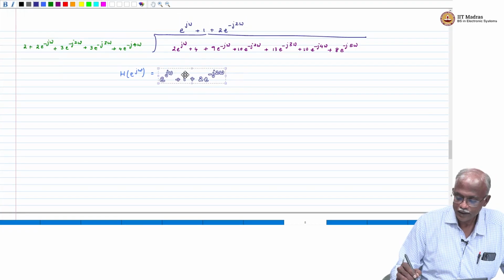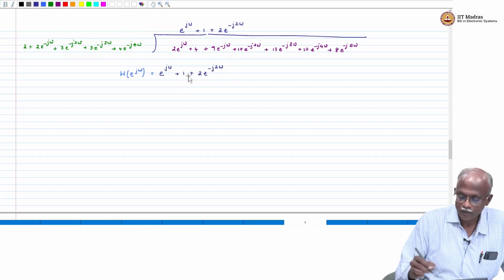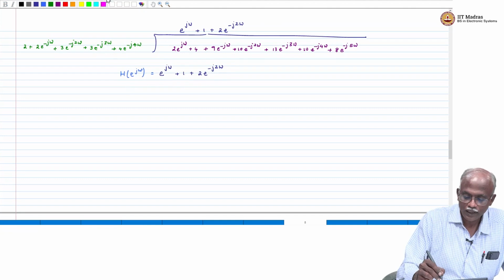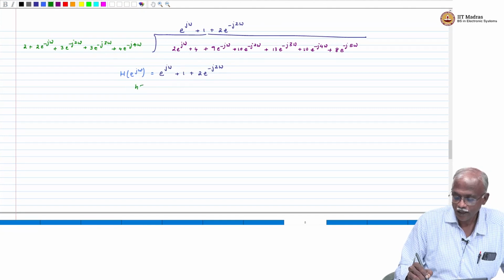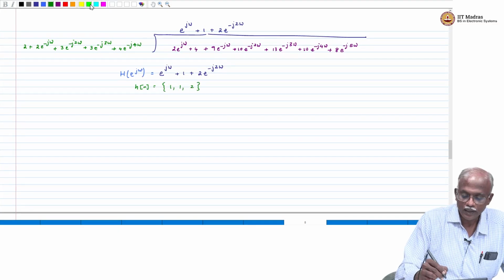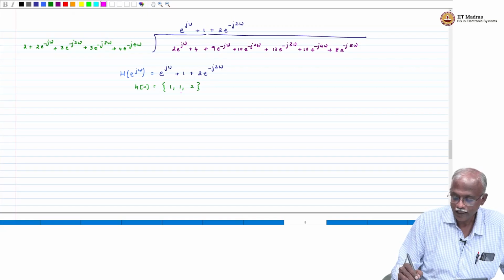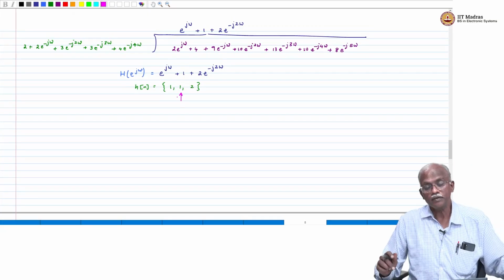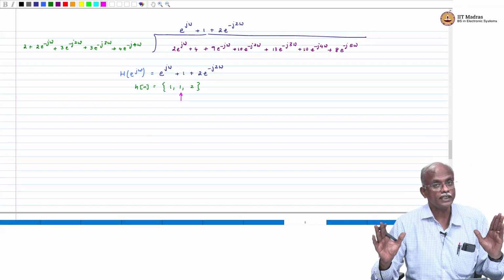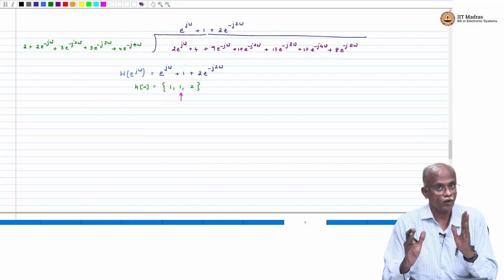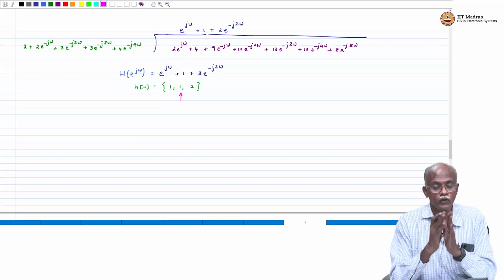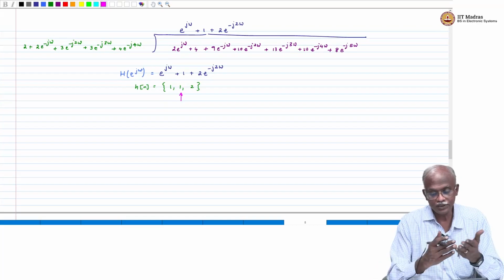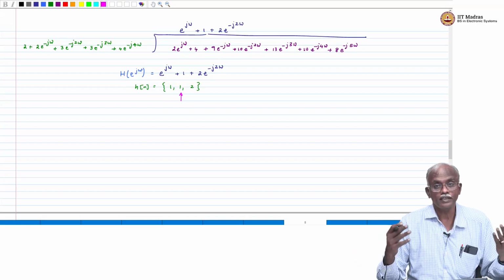This is the expression for h e of j omega, which means the corresponding sequence h of n is equal to 1, 1, 2, where the origin is in the middle. So, by looking at the DTFT you can get a lot of information, and sometimes just by simple division you can get the input.